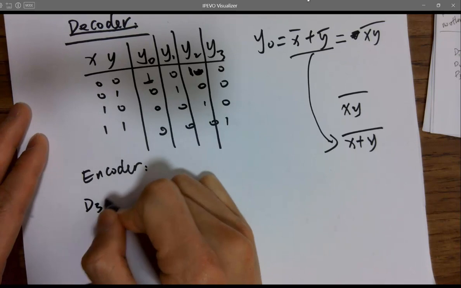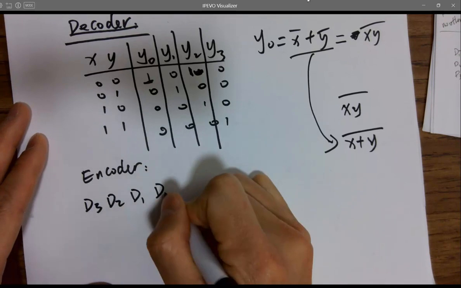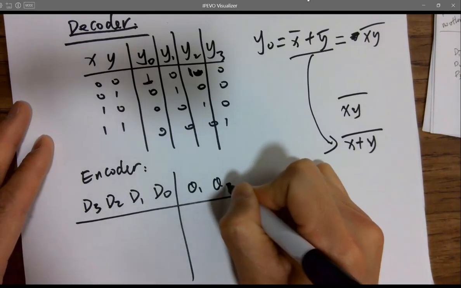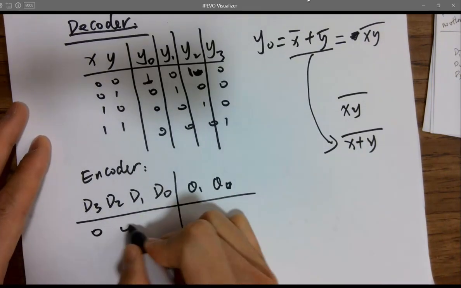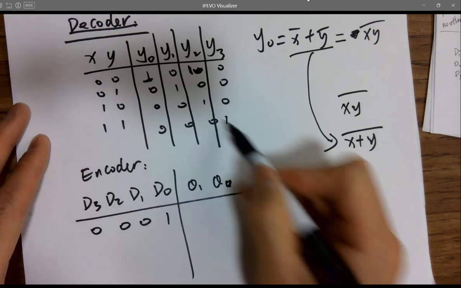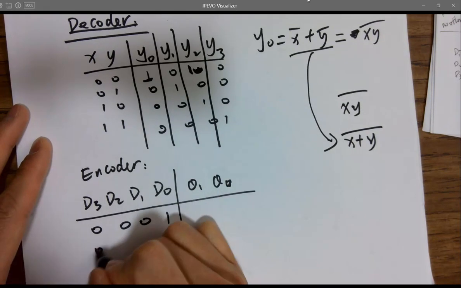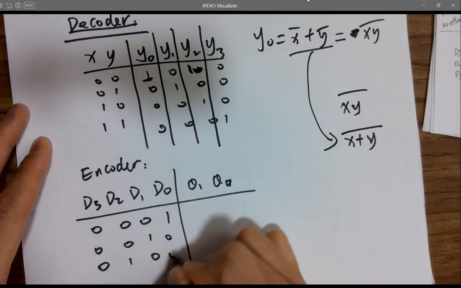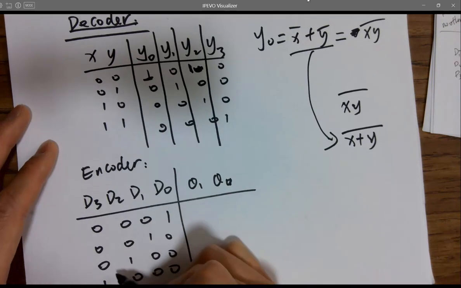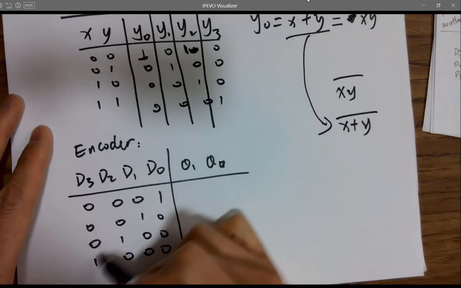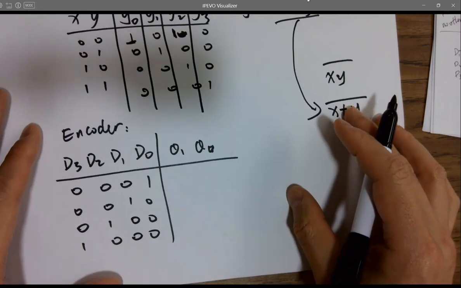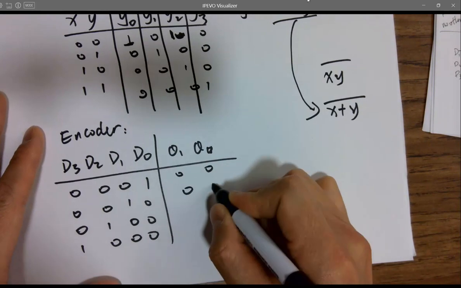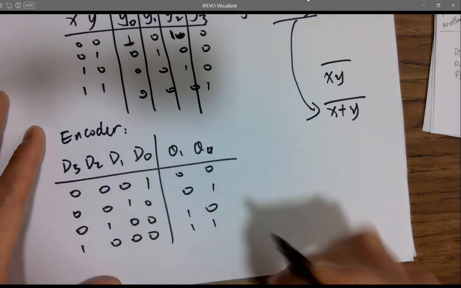For example, inputs D3, D2, D1, D0 and outputs Q1, Q0. 0 0 0 1, following the same classic pattern, then 0 0 1 0, 0 1 0 0, 1 0 0 0. See the 1 is diagonally distributed here. So the outputs are 0 0, 0 1, 1 0, 1 1.